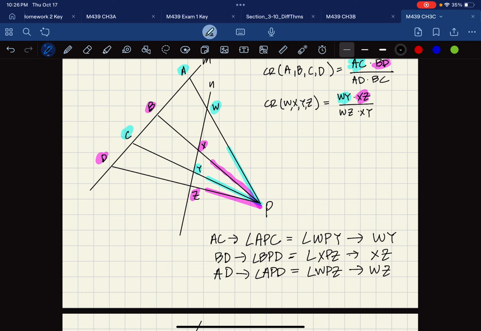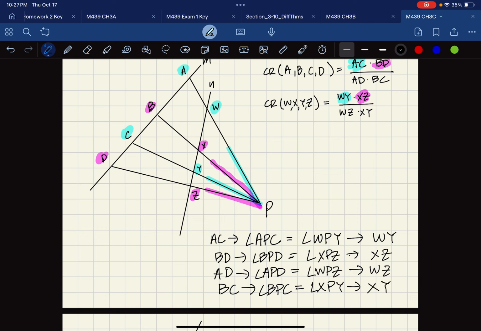And then I guess the last one to look at is that BC would be associated with the angle BPC, which would be equal to the angle XPY, which seems to be associated with the length XY.